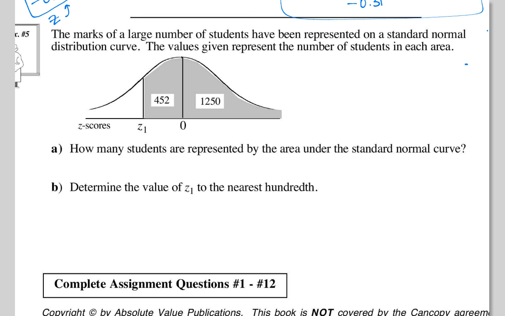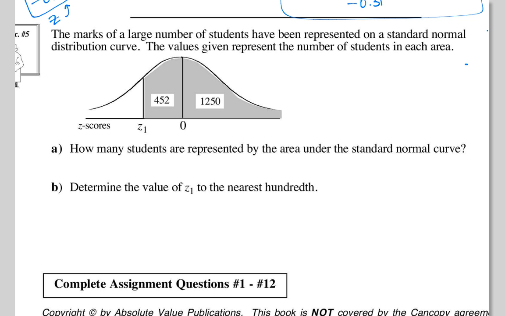It's the same sort of idea. The data is represented on a normal distribution curve, and the values given represent the actual number of students, not the percentage. So how many students are represented by the area under the normal curve?